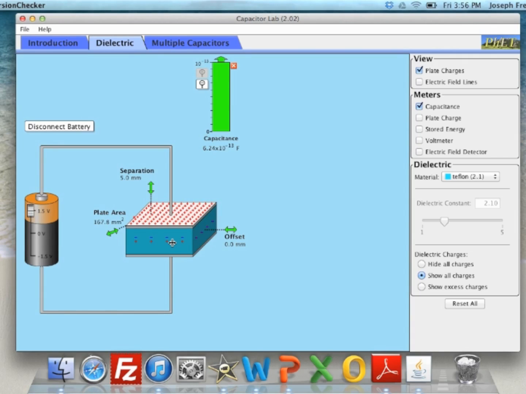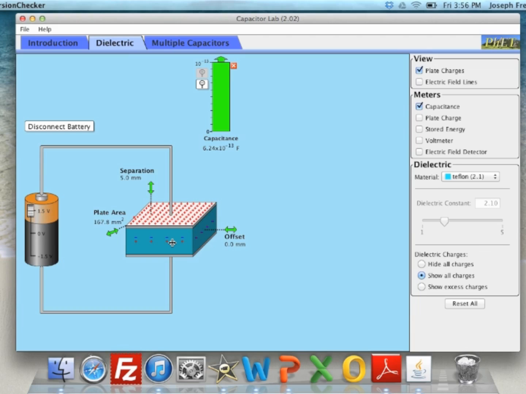And that polarization, as explained earlier, is creating an internal electric field that opposes the capacitor's field, and thereby it is increasing the capacitance because it's also giving you a lower potential difference. And as we talked about before, a lower potential difference is a result of a lower field, and that's going to give us a higher capacitance.